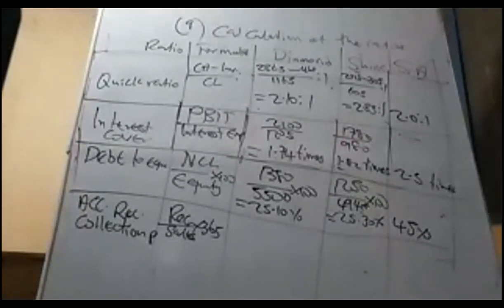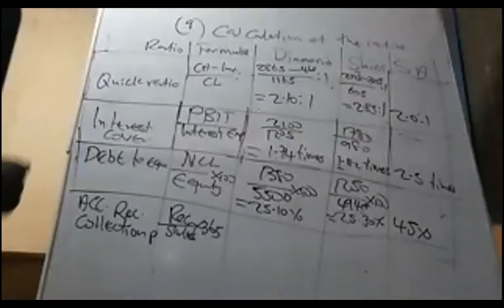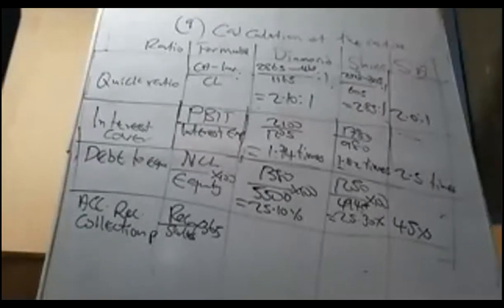We have to go and look for the items and put them in. Here you can't find the average, because the opening balance is not given, so we cannot calculate the average. That means you have to pick just the closing figure.